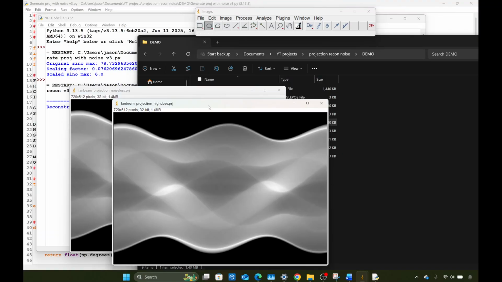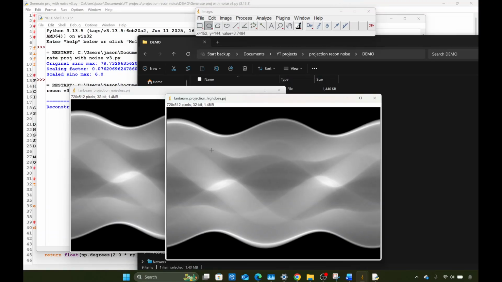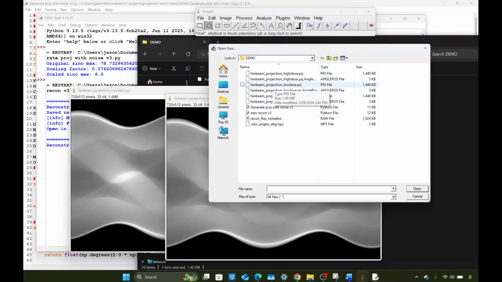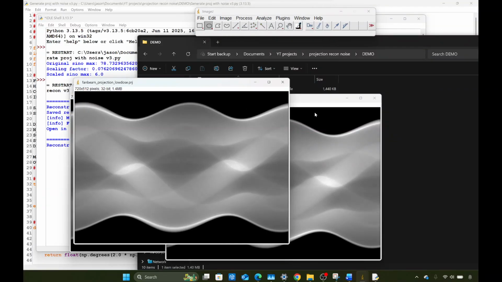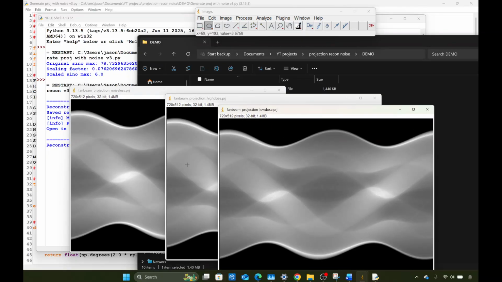It is similar, and you probably cannot see much of the noise here, but it is the expected counts with a Poisson distribution added to simulate the noisy detected counts. We will also take a quick look at the low dose projection. So from the projection space, it's probably not straightforward to evaluate the noise level. But now let's go back to the image domain.